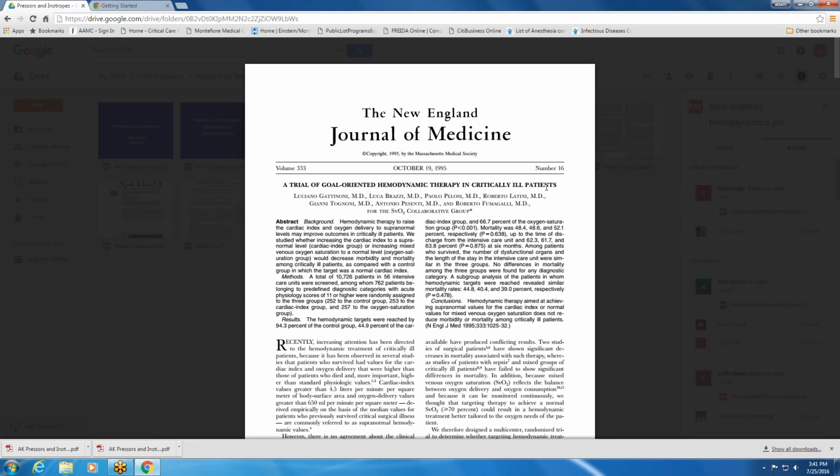Actually, they also did a subset analysis of patients who achieved their supraphysiologic goals, and there was also no benefit. So this sort of killed PA catheter-directed therapy for shock states.